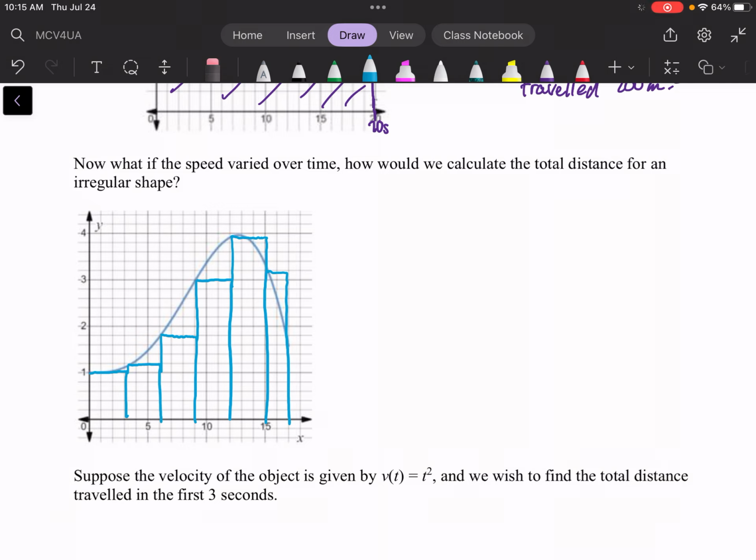And this is the best kind of approximation I can get. I can work out the area for this piece, and this piece, and this piece, and this piece, and add them up.